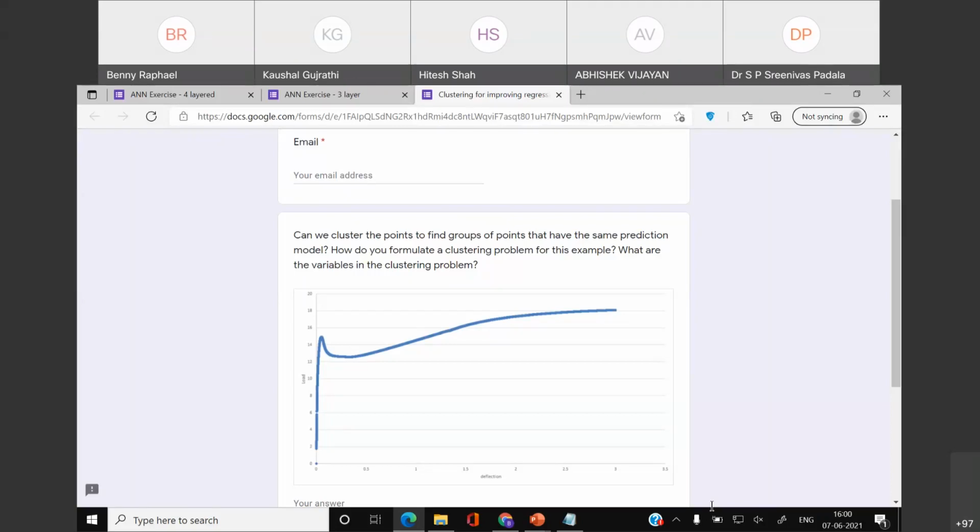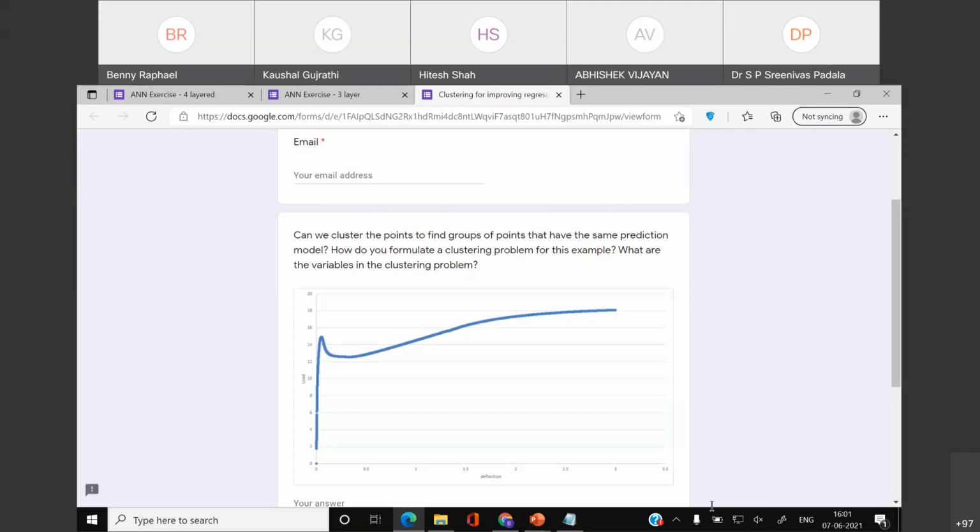No, the reason is how we are going to use this data. Typically, if you form a prediction model, you should be able to predict one variable using the other variable. Let us say we want to predict the load from the deflection. Given a particular deflection, we want to predict the load. In new data, for training, we have both the load and deflection.